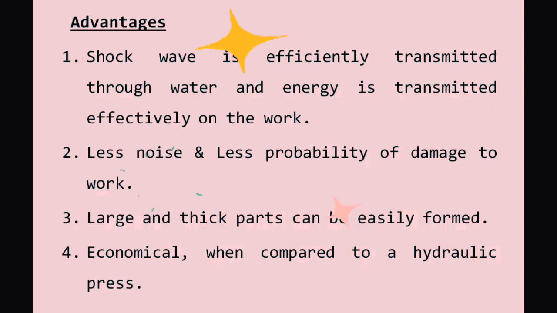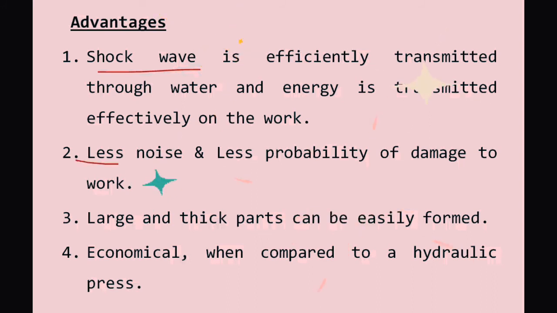Next, we discuss the advantages of explosive forming. Shock waves are efficiently transmitted through water. Energy is transmitted effectively to the work. With the support of the shock wave, we produce the required shape from the die.